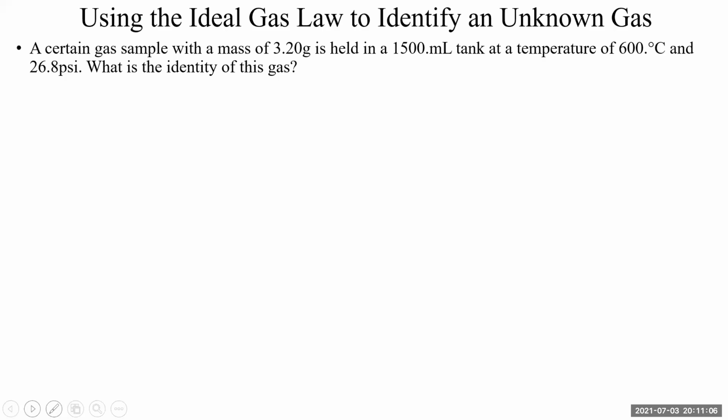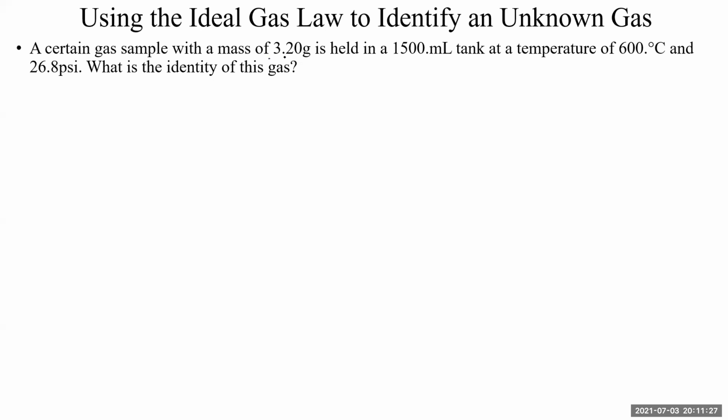Okay, let's continue on. Let's do another example here. Let's identify an unknown gas. You can actually figure out the identity of a gas by its molar mass, and you can figure out its molar mass by figuring out the mass of the gas that relates to its moles.